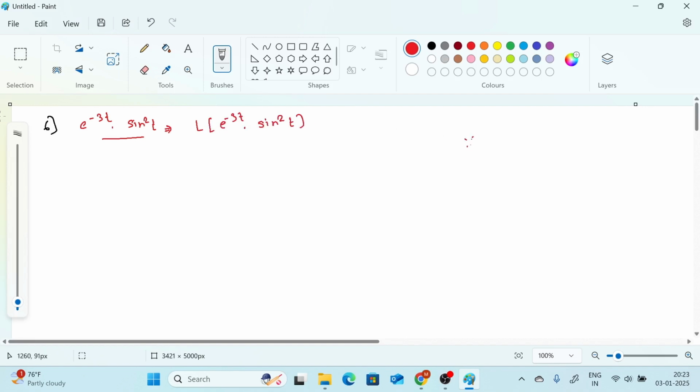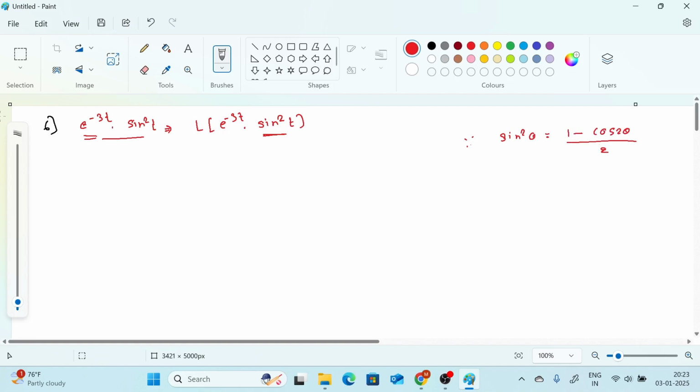Now it's a first shifting theorem case, because here we can simply see that the e raised to minus 3t term is there. For trigonometry, we have sine square theta equal to 1 minus cos 2 theta upon 2.